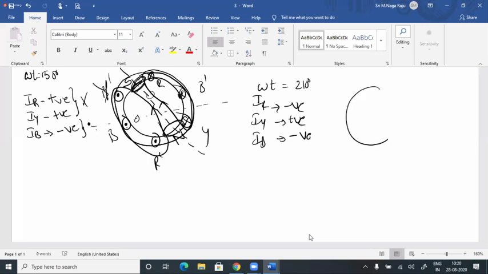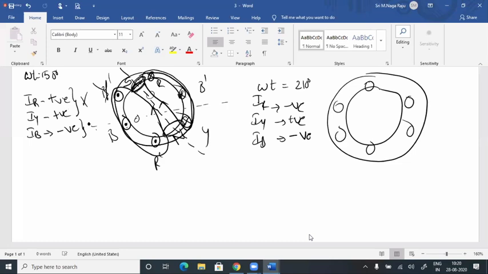Now you draw R dash, Y dash, B dash. IR is negative, so this is a dot, and this is a cross. IY is positive, this is a cross, this is a dot. IB is also negative, so this is B dot, cross. Now what will happen? This is the flux direction and this is the flux direction. So this is north pole, this is south pole, this is the magnetic axis.